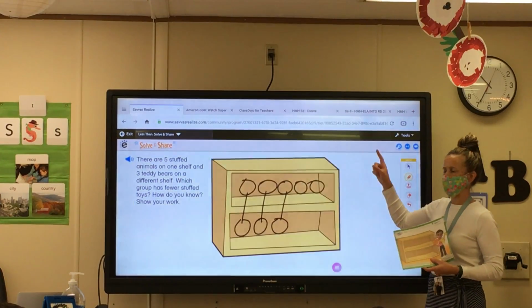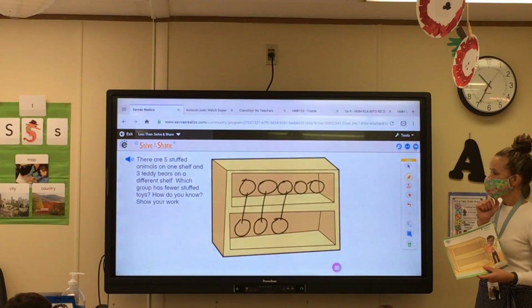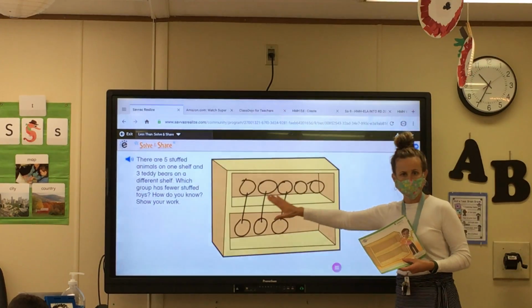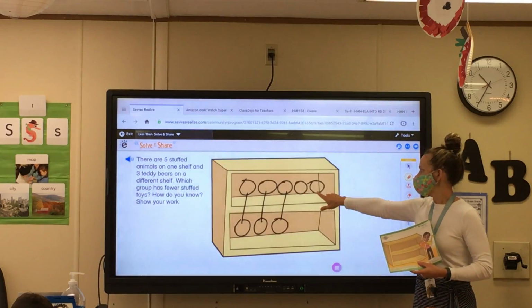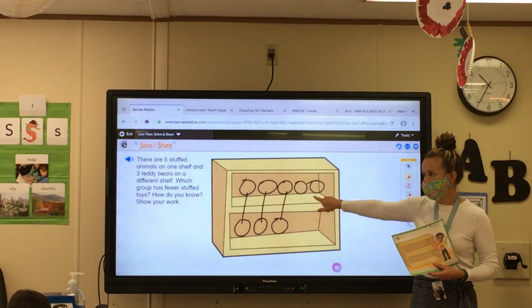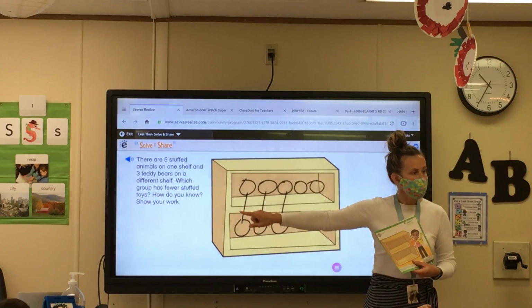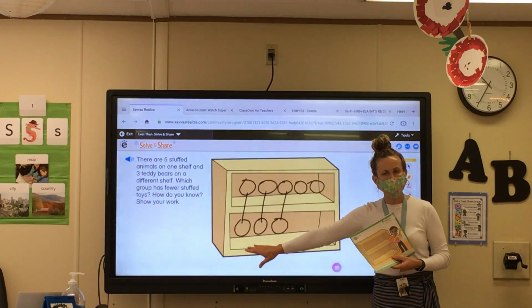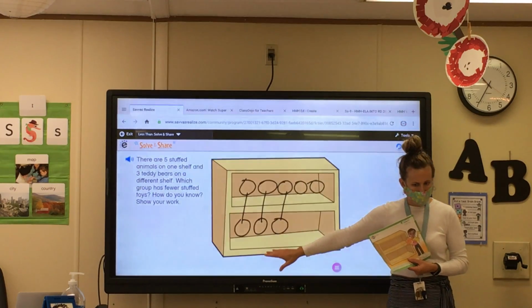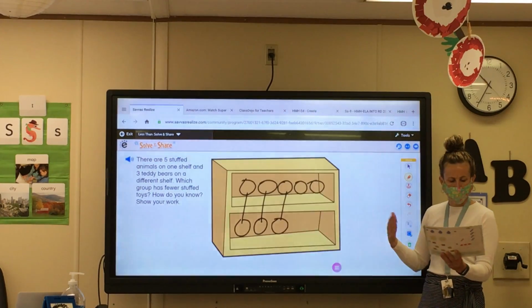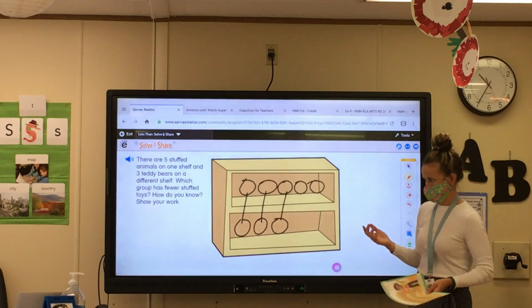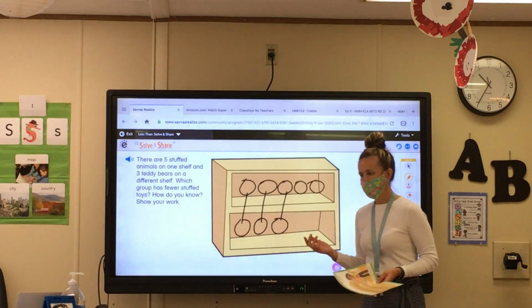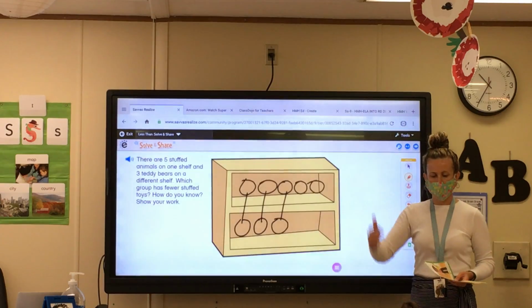Match them top to bottom. So on the top shelf, we have 2 more animals. So that lets us know this group has more on top, but the teddy bears on the bottom is fewer. So that's the one. They want us to know which ones are fewer. Okay, you guys got that? Thumbs up? Thank you, George.